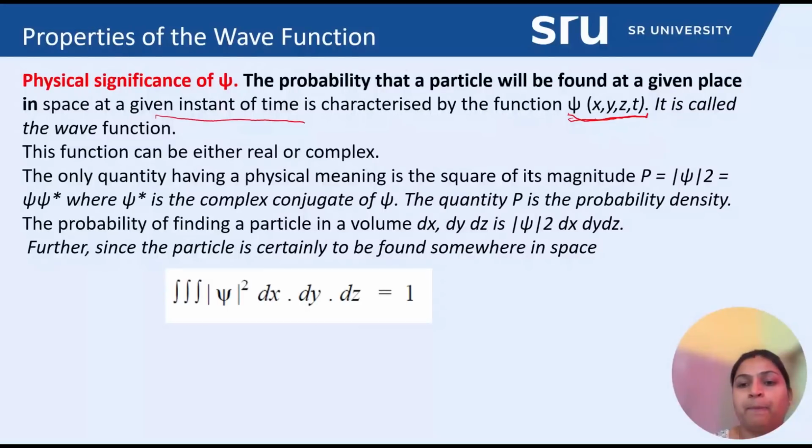It is called the wave function. This function can be either a real quantity or a complex quantity.